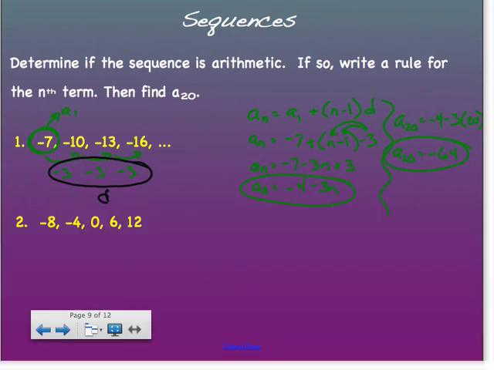What about this one? What about number 2? I have -8, -4, 0, 6, and 12. I think I see there, at least initially, an increase of 4, an increase of 4. I'm on a good track here, but then all of a sudden I have an increase of 6 and an increase of 6.